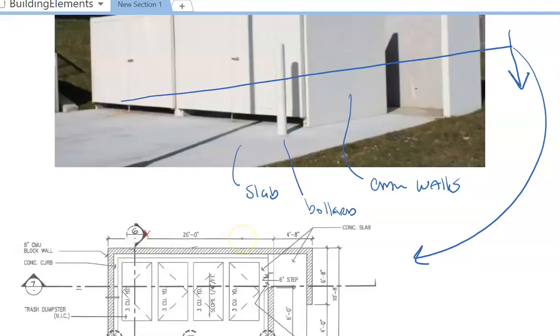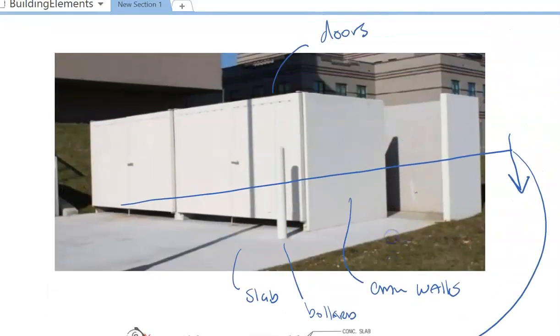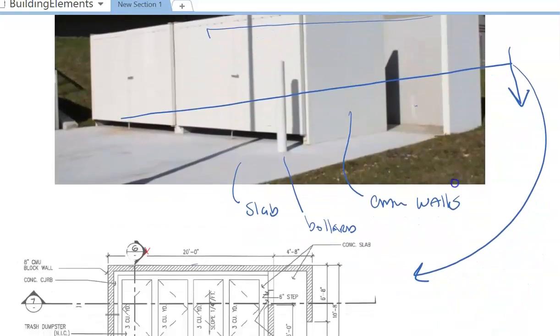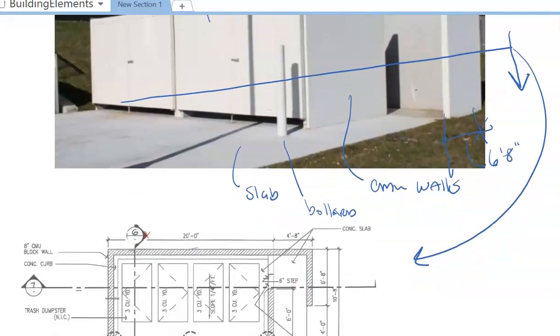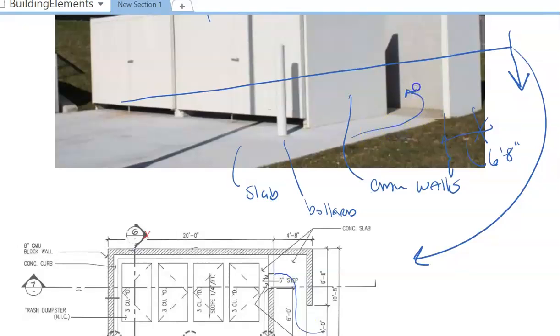This wall continues on, and it's 20 feet long. And this little section of your wall is this one right here, so that's 6 foot, 8 foot long. And here you can walk in and put your trash in if you want.